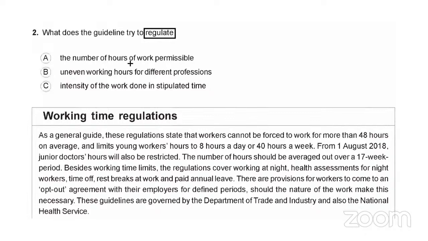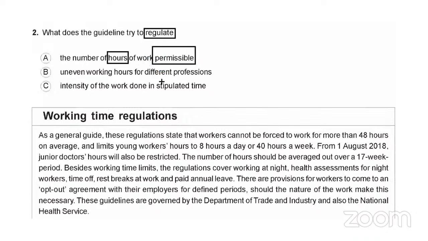So you can understand here very clearly. Permissible hours. So that's the point.